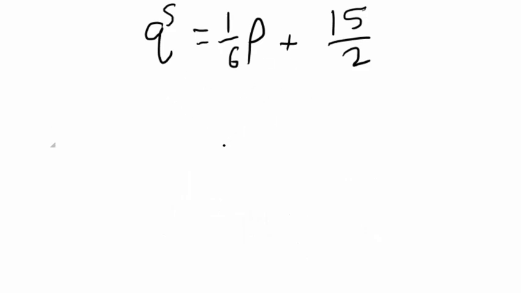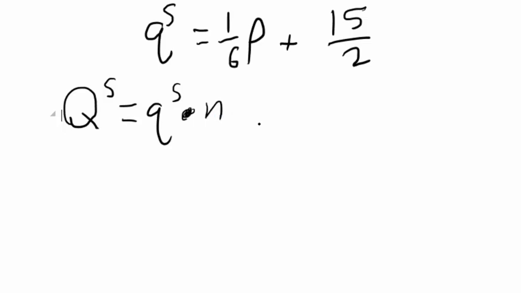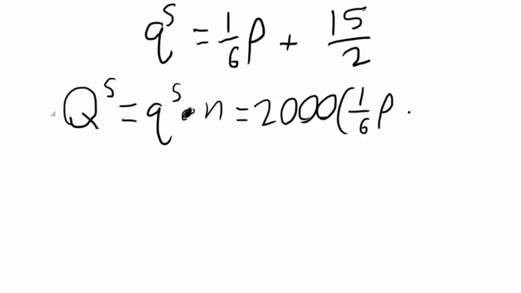So what we want to do is find our market supply, denoted by big Q, which is little q supply times the number of firms in the market. So it would be 2,000 times the quantity of 1/6 P plus 15 over 2.